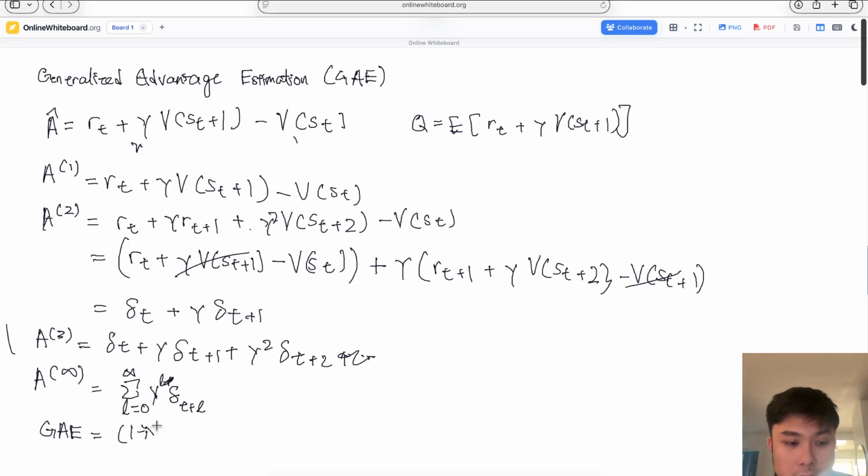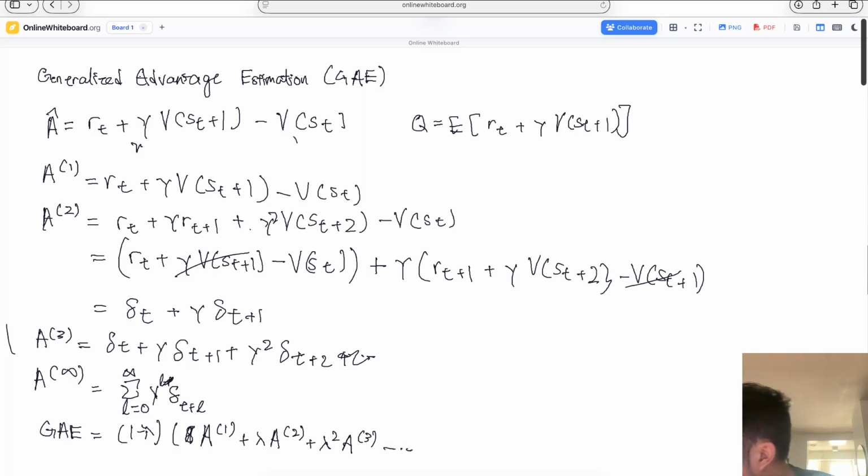The weighted exponential average would be 1 minus lambda times the advantage at one step plus lambda times the advantage at two steps plus lambda squared times the advantage at three steps, and so on.